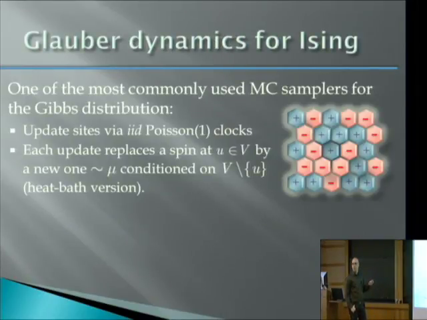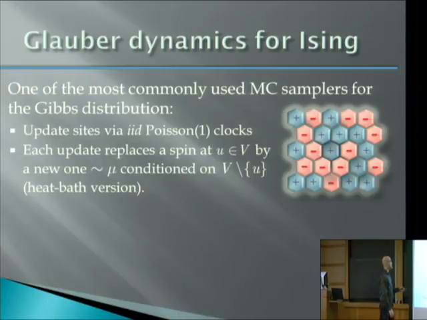Okay, so what can we do? This is an easy recipe for sampling. Let's assign a rate 1 exponential variable per site. We have a Poisson process with rate 1 per site, so we have a clock. Once this clock rings, the site wakes up, it erases its previous value, and it writes a new value instead.